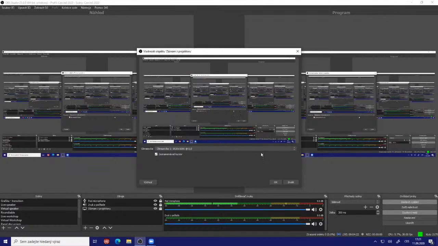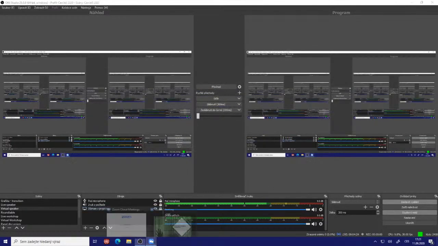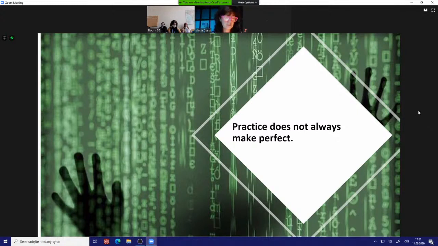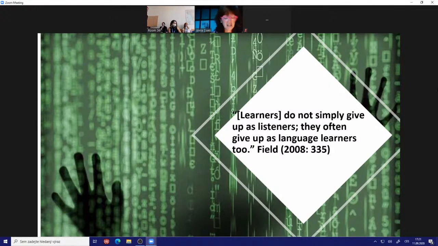this demotivation is important because there seems to be this invisible barrier. And this is really important because this barrier is not just a barrier to listening, but also a barrier to learning language, as Field, who is an expert in listening and a researcher also in psycholinguistics, says: learners do not simply give up as listeners, they often give up as language learners too.